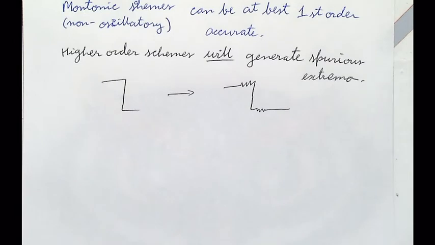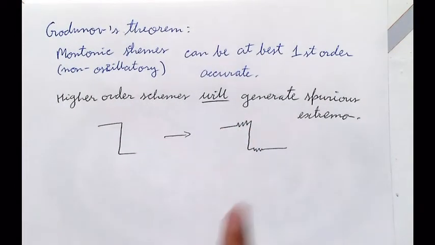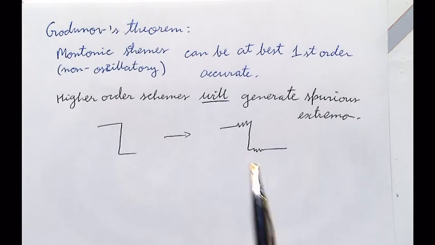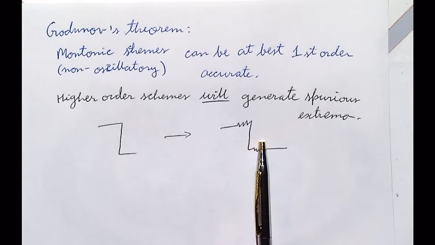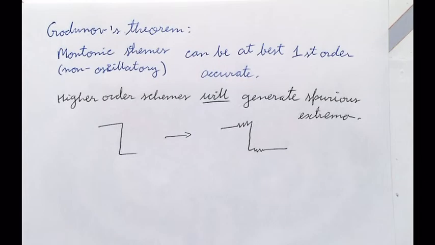Okay, so now that you know what Godunov said and you know you need to fix this problem, what would you do? Think about it. What is the only way to avoid this problem? Staying first order. Yeah, the only way to avoid this problem is to stay first order accurate. But away from this very localized region, you don't want to be first order.